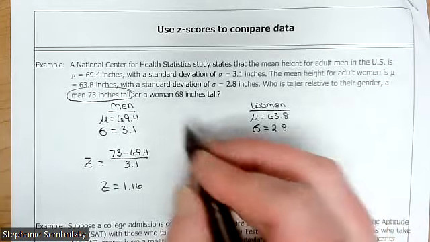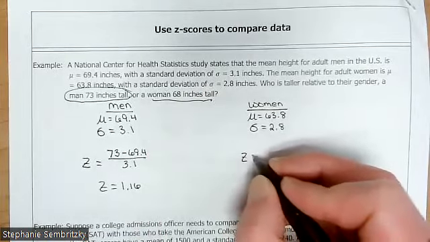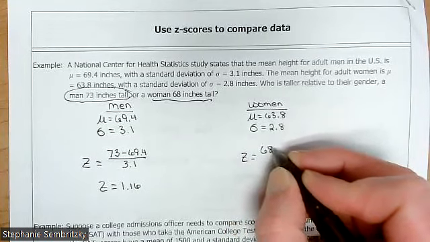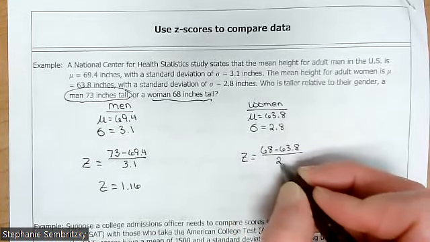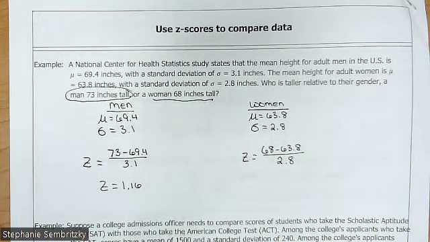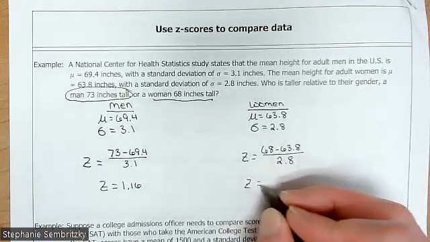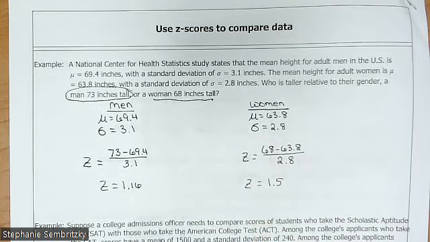Okay, now let's see. We got a woman who's 68 inches tall. What's her z-score? In other words, how far above the average is she? Okay, so who is higher than their average more?